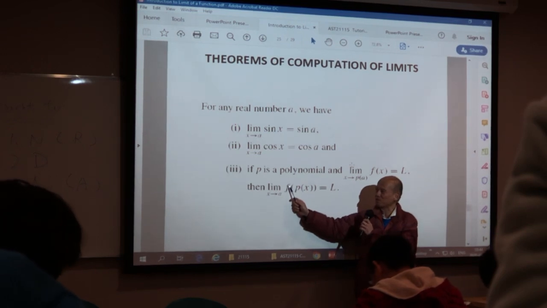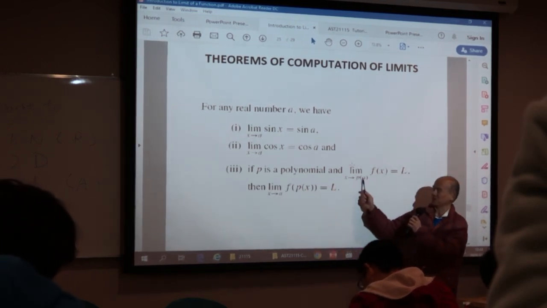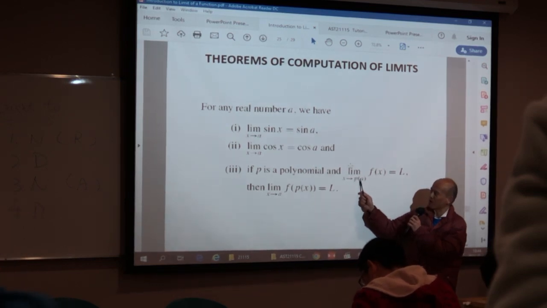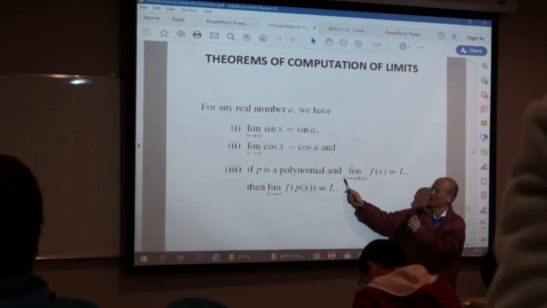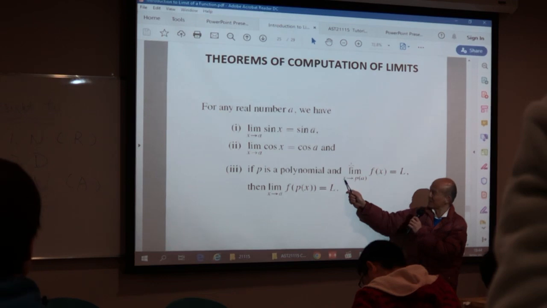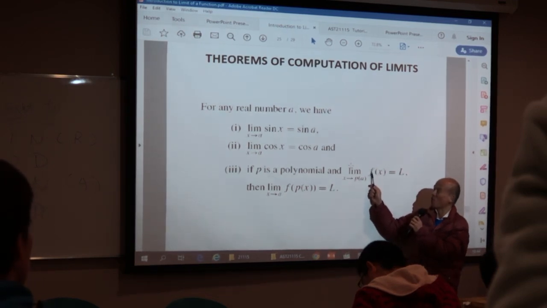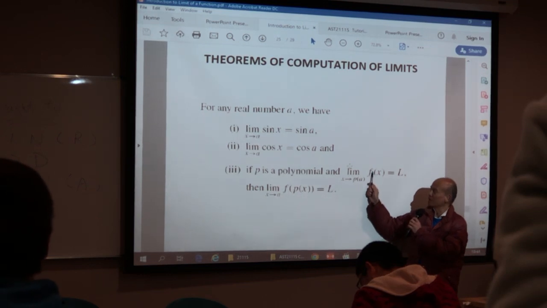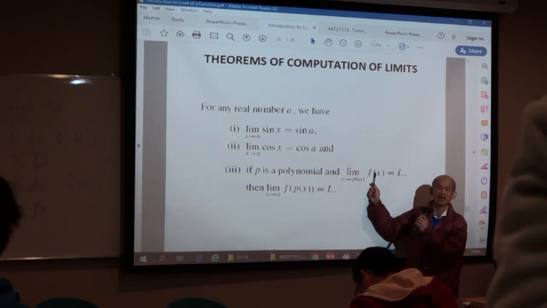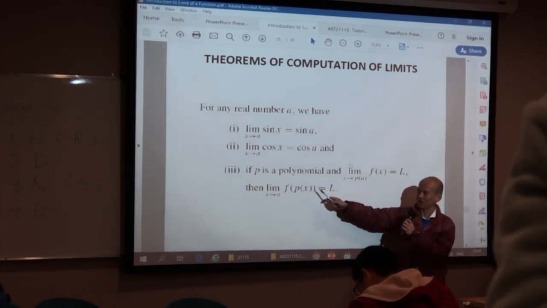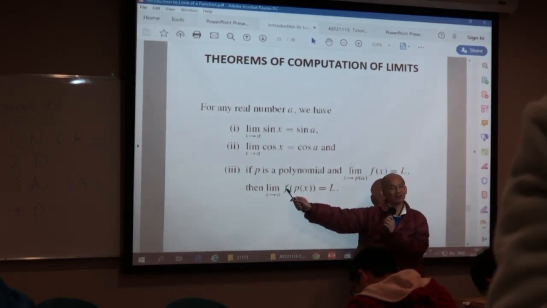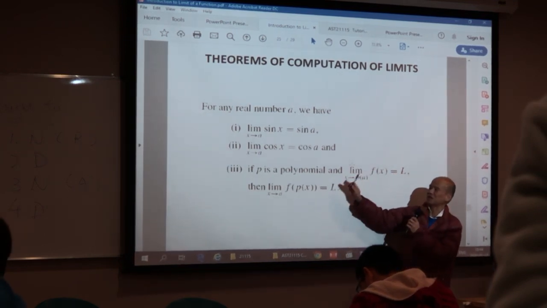The output is from this function, the same as this one. This x is the x for this function. Okay, this is the first input. The image of f is the last output. And so these two limits are the same.